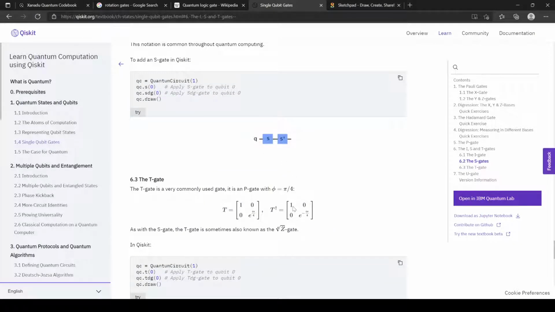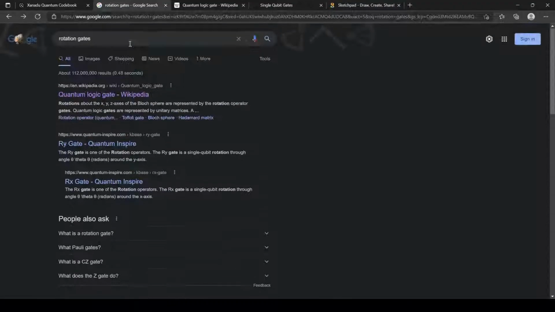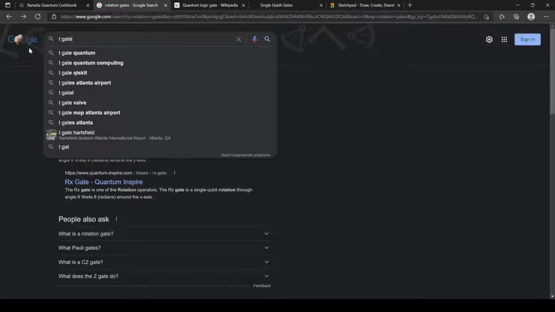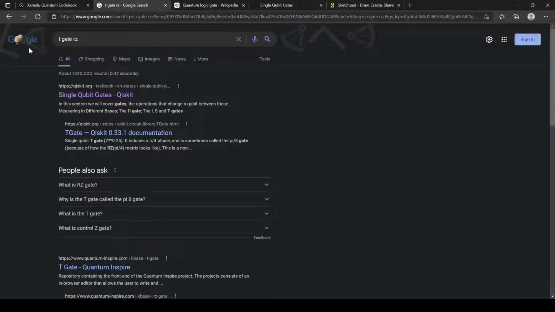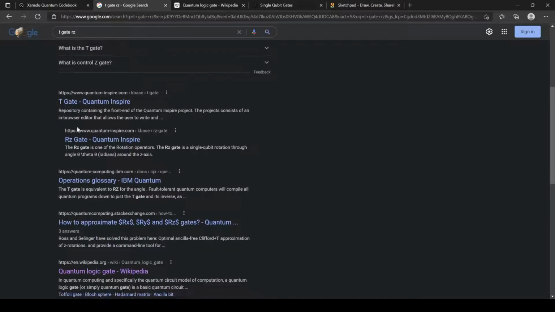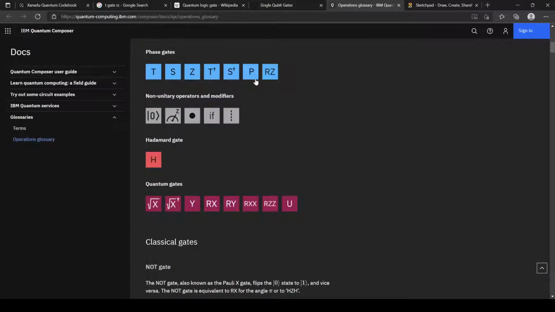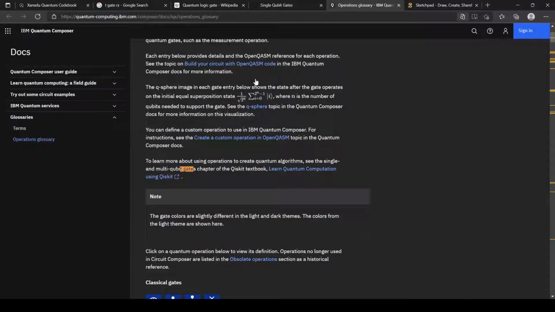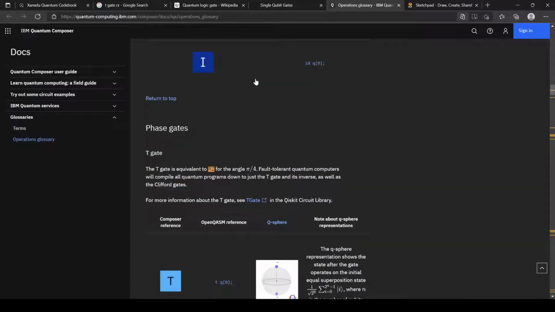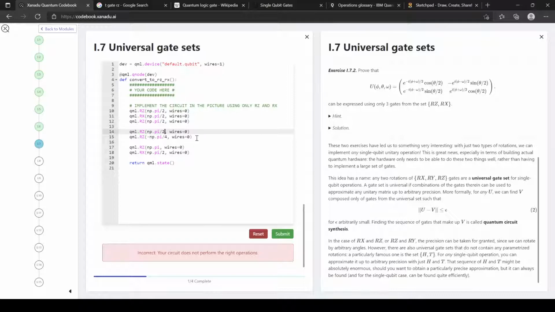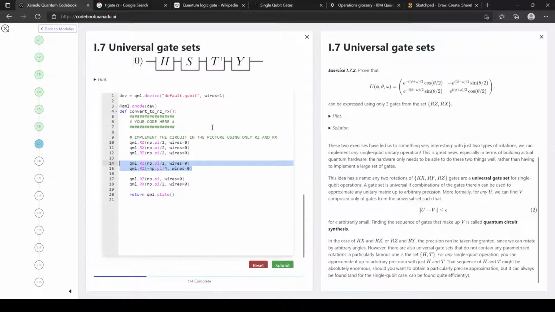Oh, but it's just the phase. Let me see. T gate RZ. See if that comes up. Yeah, I was right. The T is equivalent to the RZ for angle pi over 4. All right, so these are right.